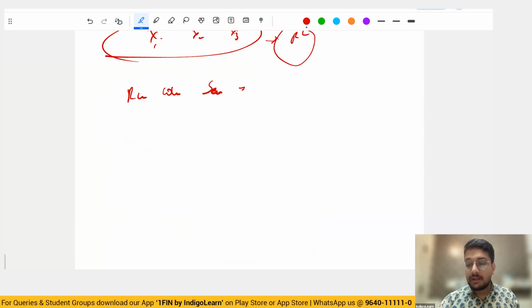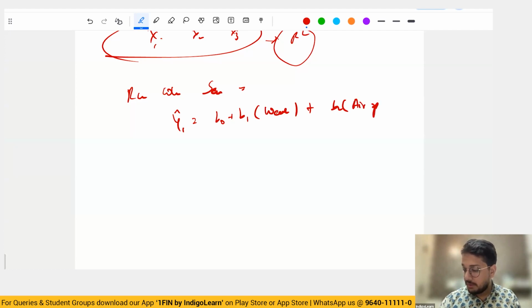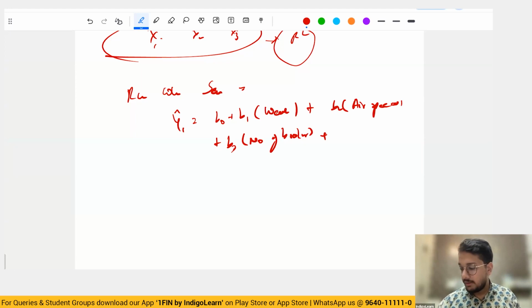Now it is a model y, based on, let's say, b naught plus b1 on the weather, b2 wind speed on that day, plus b3 number of fast bowlers, and let's say b4 number of hours Jeremiah has slept.